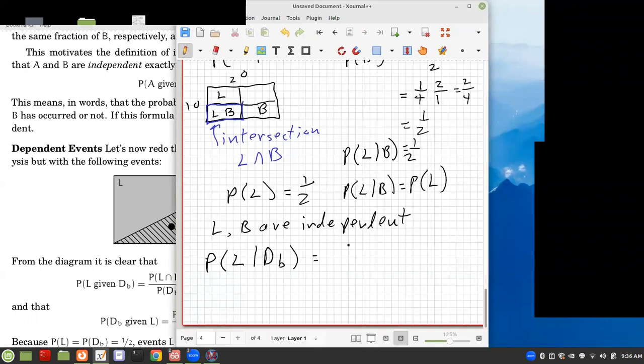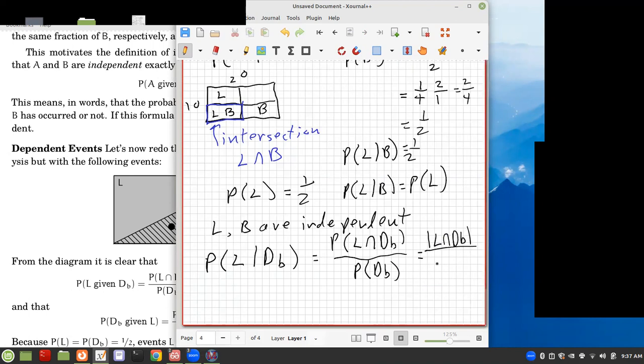Well, that's going to be the probability of the intersection of the two over that. This is going to be the size of that over the size of the diagonal B.